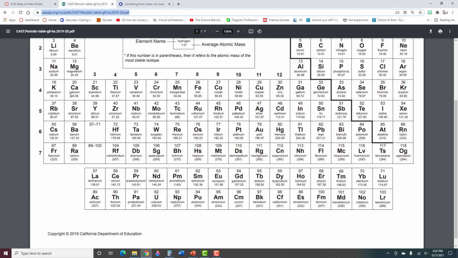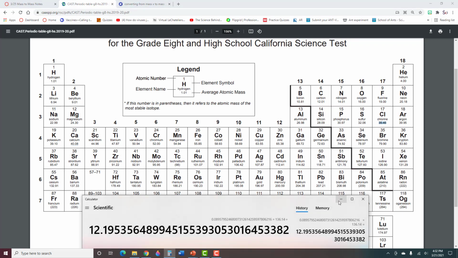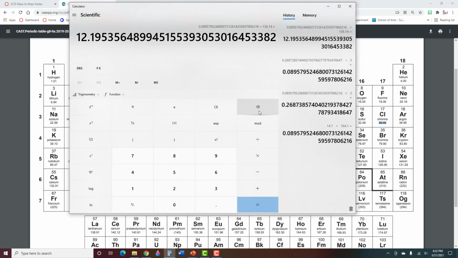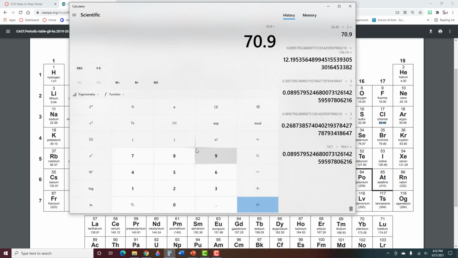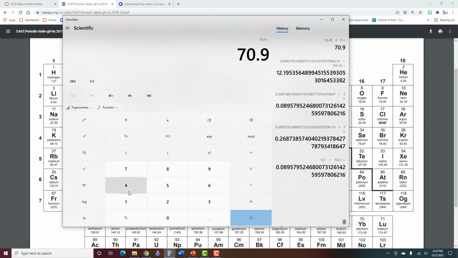Ca is 40.08, and Cl is 35.45, and it's CaCl2, so it's going to be 35.45 times 2, and then add that to Ca, which is 40.08.